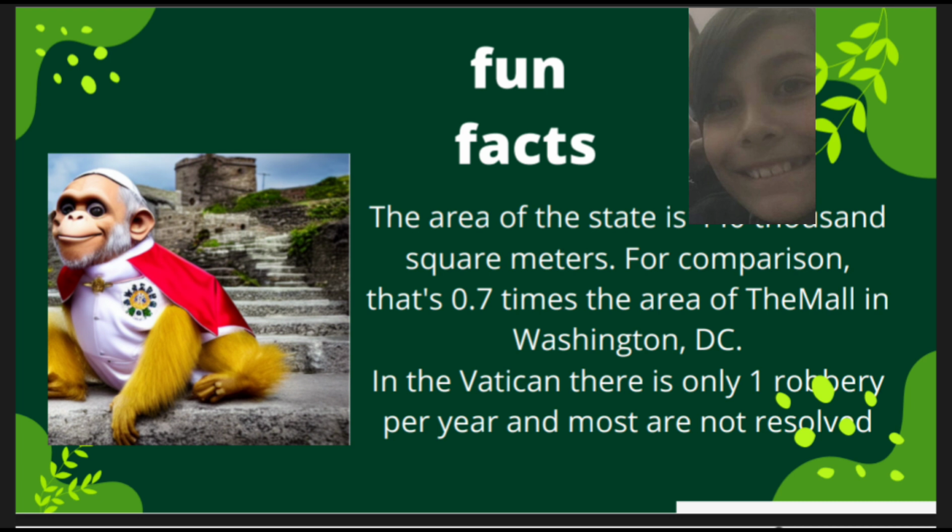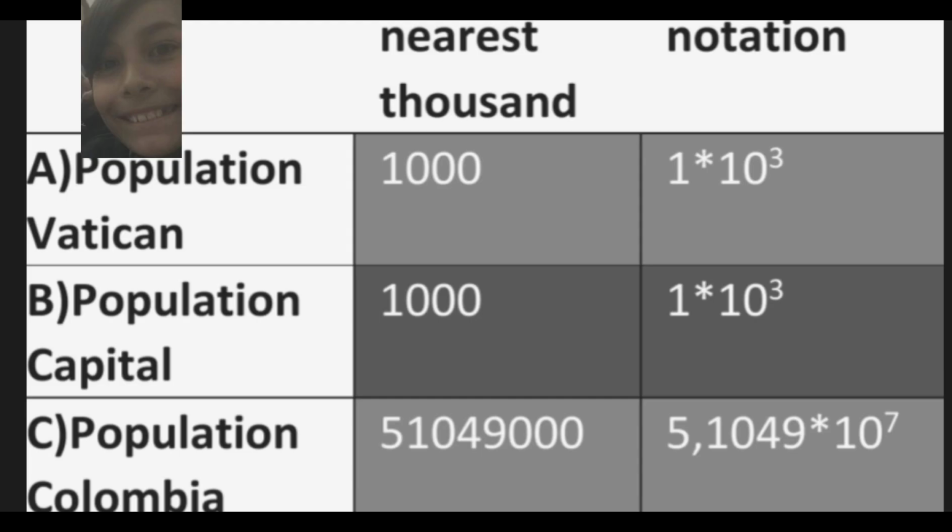Really. So we're going to continue with this chart that you can see with the population of Vatican, its capital, and Colombia's population, in the nearest thousand and in scientific notation. First, the population of Vatican in the nearest thousand is 1,000, and in scientific notation it's 1 times 10 raised to 3.